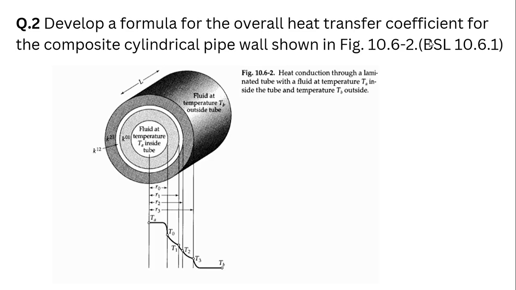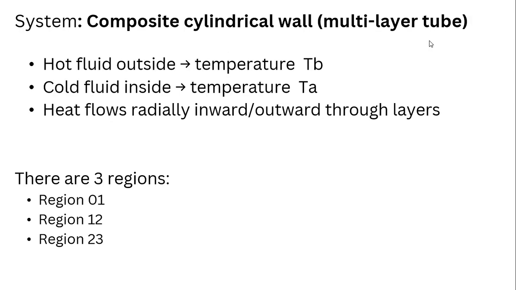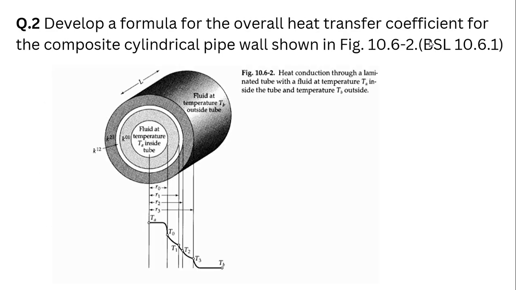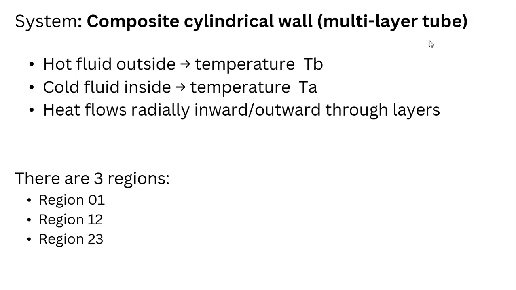Here we need to develop the overall heat transfer coefficient for the composite cylindrical pipe wall. As shown in the figure over here, there are three regions, like we can see region 1, 2 and region 2, 3. So the hot fluid is outside, at temperature Tb, and the cold fluid flows inside, at temperature Ta.